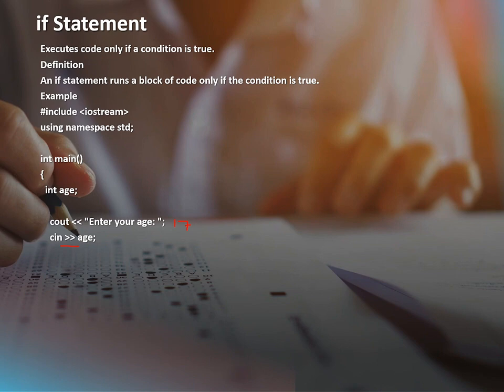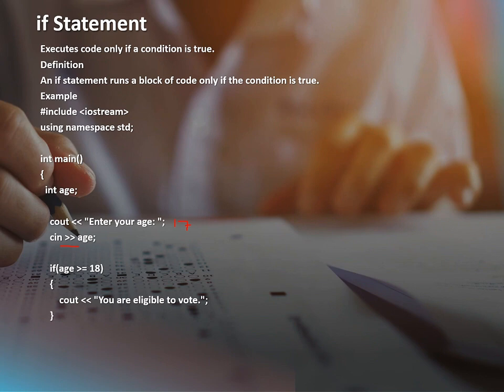So if the age is 18 or more, that is, if age is greater than or equal to 18, it's telling us that the age must be 18 or more than 18. So the computer will print, you are eligible to vote. The computer will agree that you are eligible to vote.